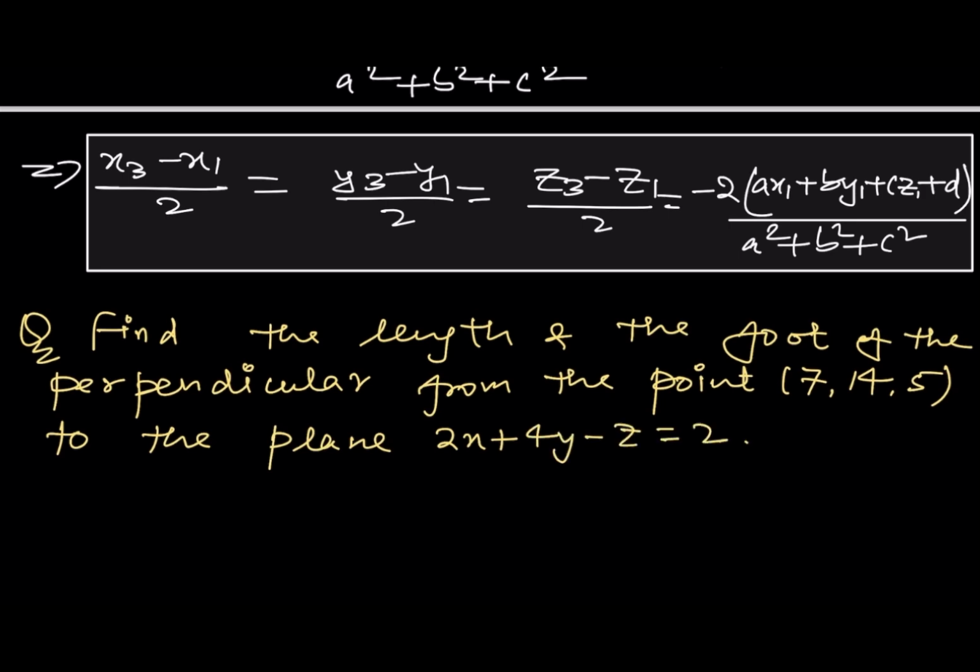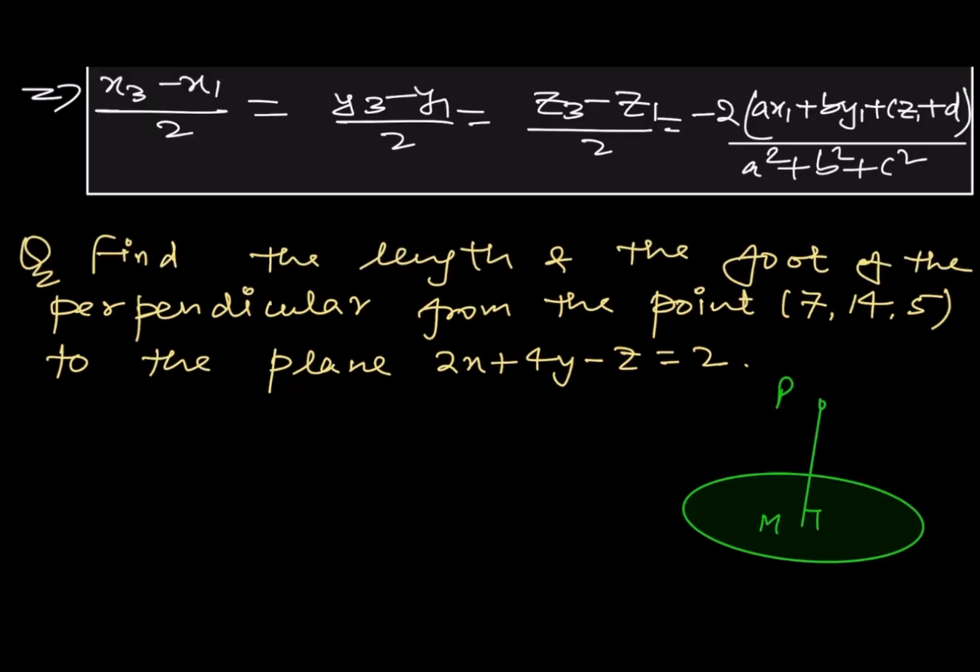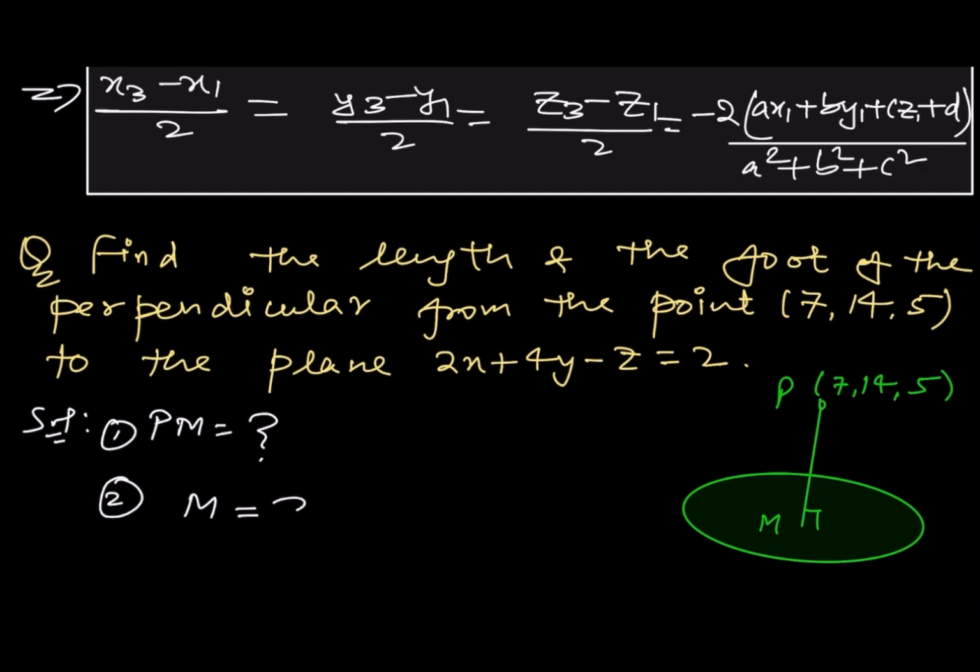So students, for finding these two, I will use the formulas we have derived above. Let point P be 7, 14, 5, and we want PM and M, right? So first PM, and second, M.